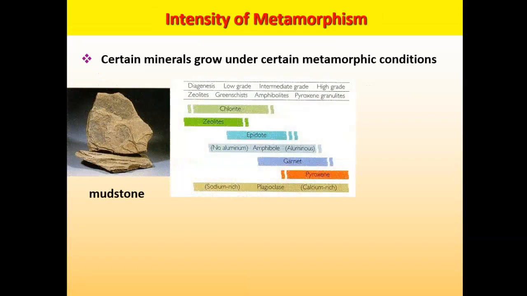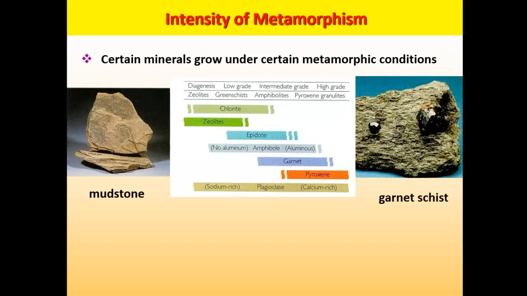And then, of course, one way to help us figure out more specifically what's happened here is we look at the minerals that show up under certain conditions. So yes, in general, we could say this is a metamorphic rock and give it a name. We might call it a schist. We might call it a phyllite or a gneiss. Those are metamorphic rock names that you'll learn about in lab.